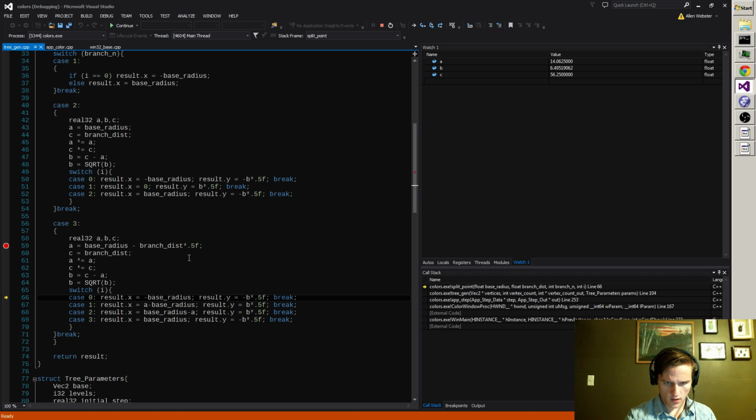We're looking for case 0, right? X equals negative base radius. Y equals half of that. So that B should be the whole height. Okay, so the zeros were coming out correct though, so that's not surprising really.